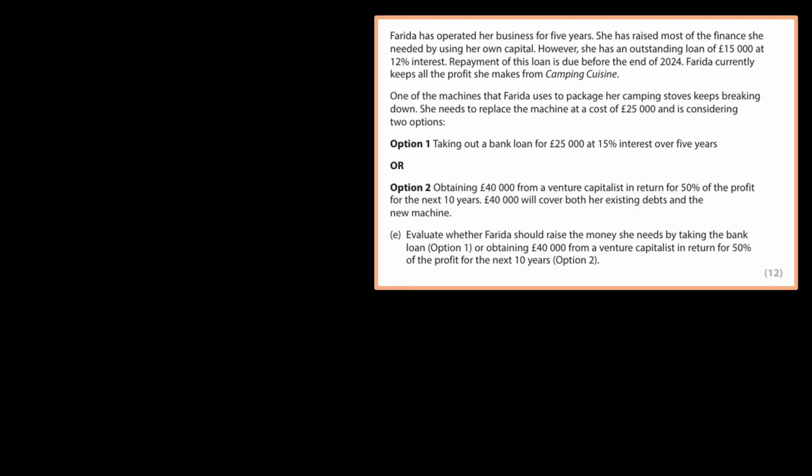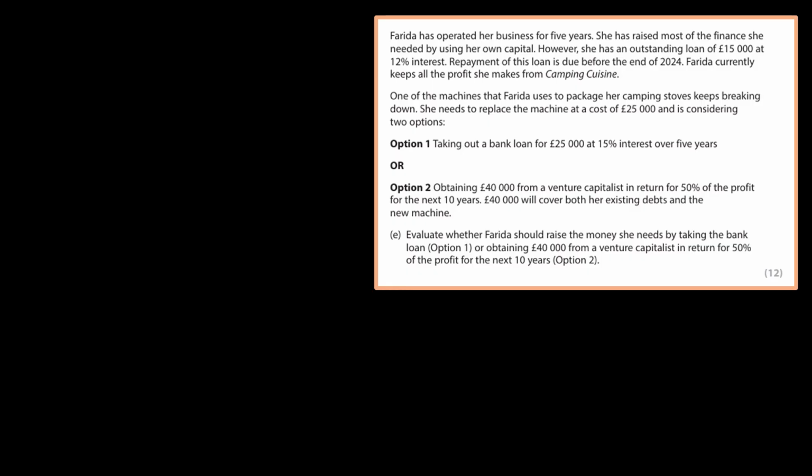Farida has operated her business for 5 years. She has raised most of the finance she needed by using her own capital. However, she has an outstanding loan of £15,000 at 12% interest. Repayment of this loan is due before the end of 2024. Farida currently keeps all the profits she makes from camping cuisine. One of the machines that Farida uses to package her camping stoves keeps breaking down.